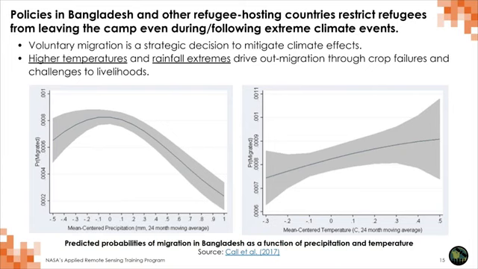asylum policies that confine refugees to refugee camps, not just during the climate hazard prone period, but throughout the year and over many, many years. There's this restriction on migration that basically keeps refugees in place, even though we know that an extreme event may be coming.